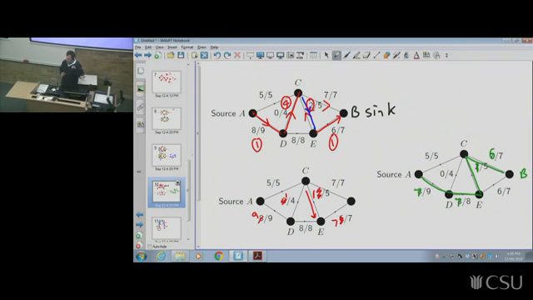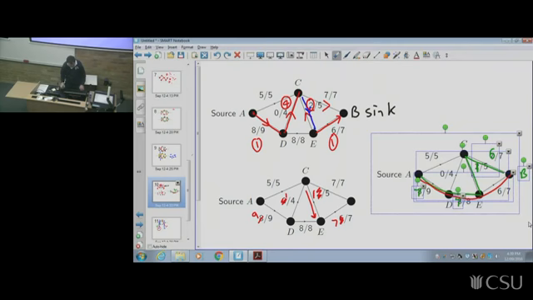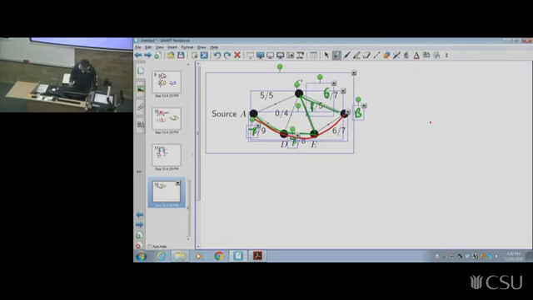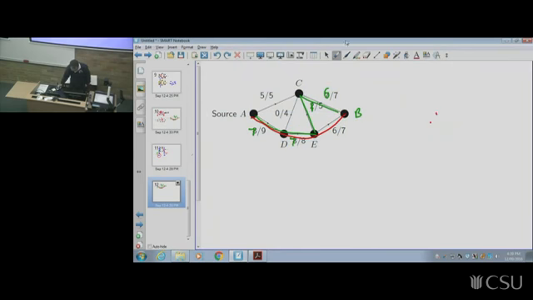And so now I'm going to go back to what I normally do, which is to try to find paths to put some flow on. And now I can see, look, I can just go around the bottom here. So let me do that.